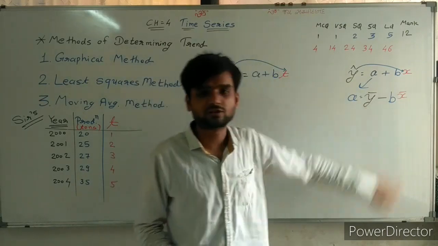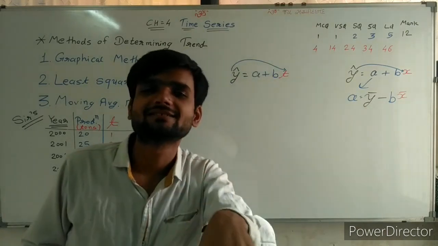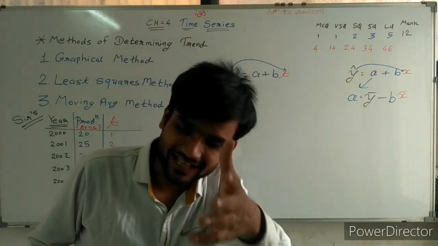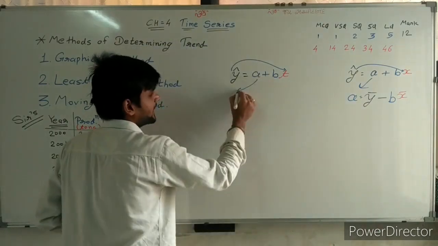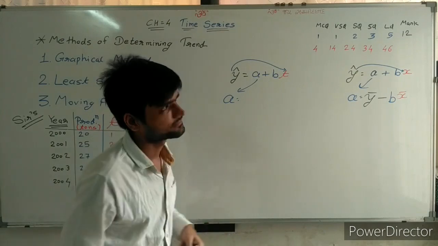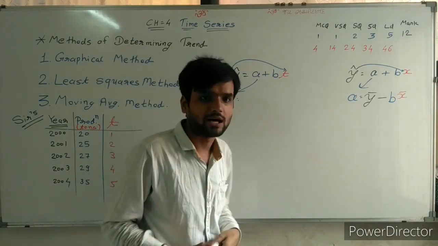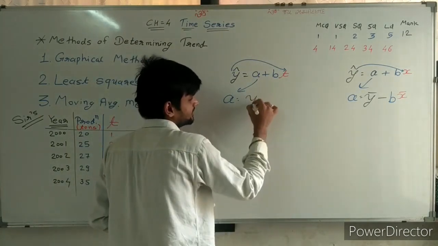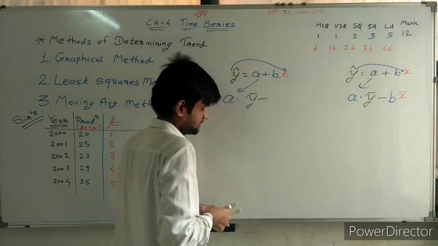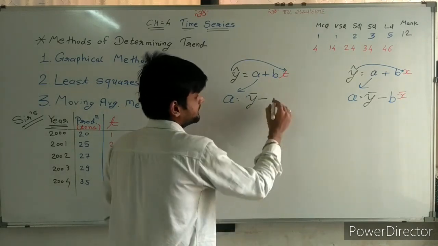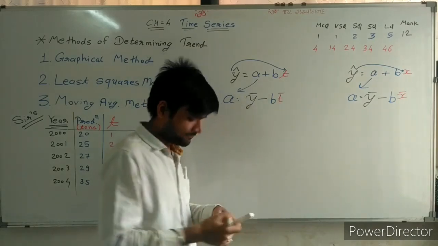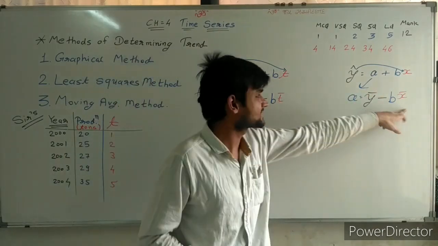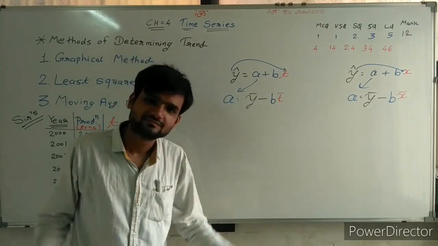So instead of x bar, we write t bar. So how can we find the value of a? a is equal to y bar minus b t bar. That's simple. Instead of x, write t.